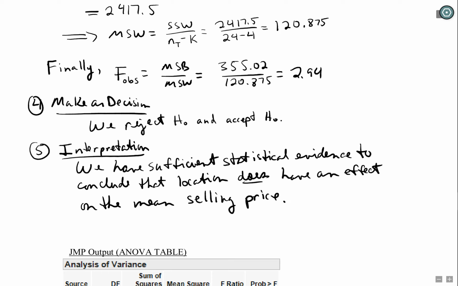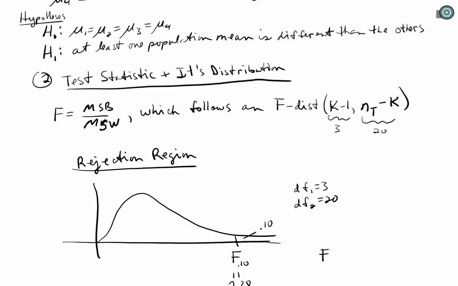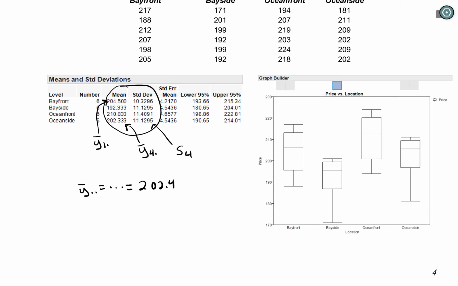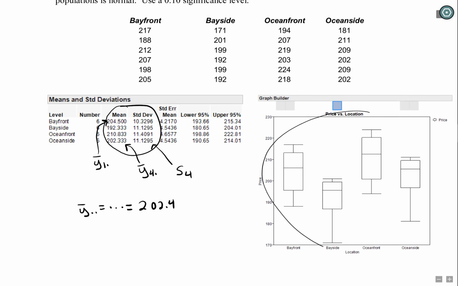All right. So any hunch we got from, say, this box plot that suggested the underlying population means are different is strongly supported with our hypothesis test. All right.